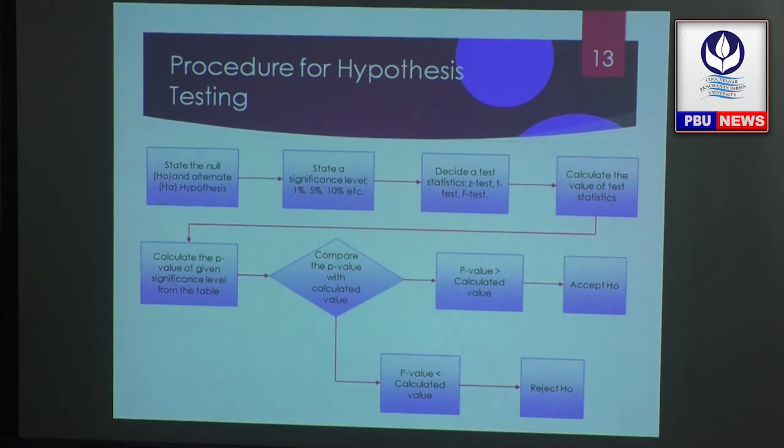If the p value is greater than the calculated value, this is very vital, that means we accept the null hypothesis. This is conclusion number 1. And conclusion number 2: if the p value is less than the calculated value, you reject the alternative hypothesis.